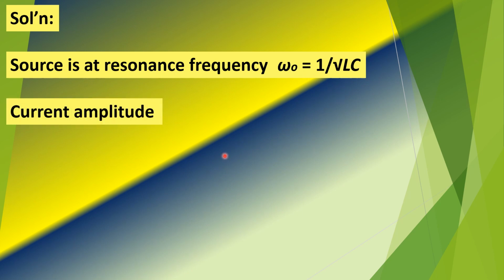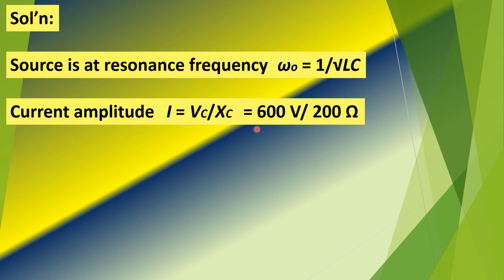So we first calculate the current amplitude, which is capital I equals the voltage across the capacitor, capital V sub C, divided by the capacitive reactance, capital X sub C. Substituting, we have 600 volts, which is the voltage across the capacitor, given in the question, divided by the capacitive reactance of 200 ohms. So the current amplitude, capital I, is equal to 3 amperes.